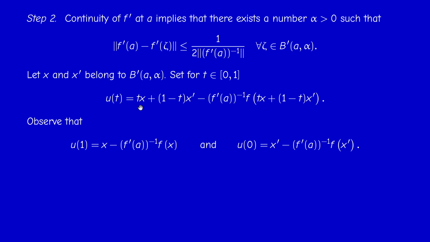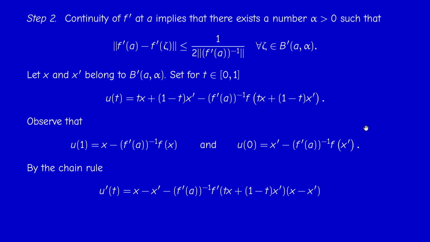Now, if we set t equal 1, we get u1 of x equal to x minus f prime of a inverse applied to f of x. When I put t equals 0, I get x prime minus the same thing, but with x prime.